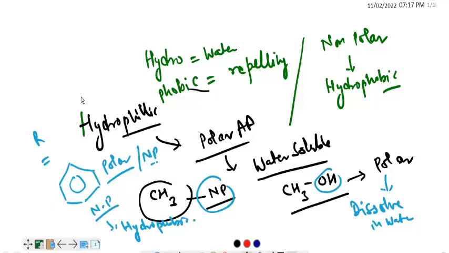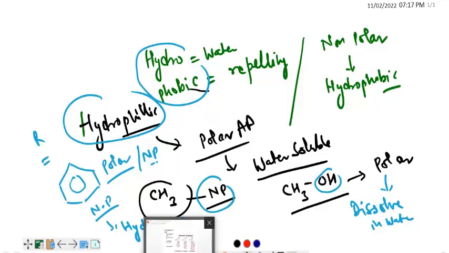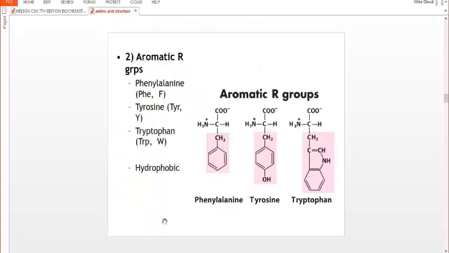So this is the one criterion deciding hydrophilic and hydrophobic. Okay, clear? Yes, Sir. That's why you can see phenylalanine, tyrosine, and tryptophan are hydrophobic.